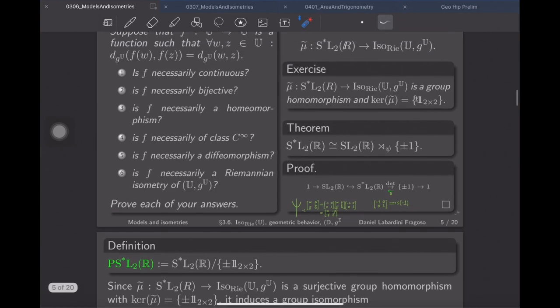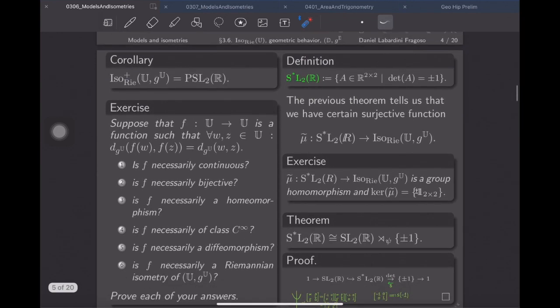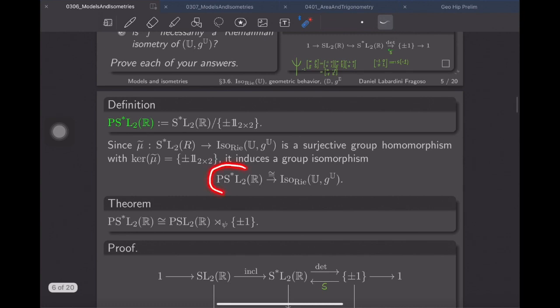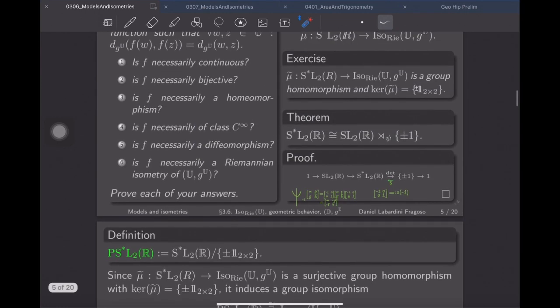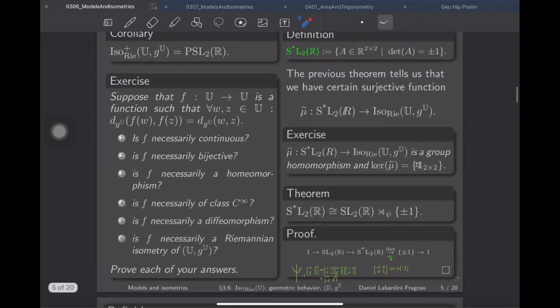Okay, and then the next step is to describe this group entirely in terms of PSL2R. That's one of the ultimate goals of last lecture. And for that, we first realize that this group of matrices of determinant plus or minus 1 is a non-trivial semi-direct product of SL2R with plus minus 1.